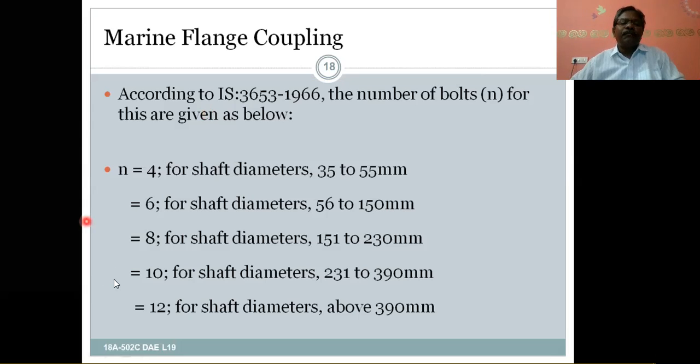Here you can see N is equal to 4, that means number of tapered bolts is 4 for shaft diameters 35 to 55 mm, and 6 for shaft diameters 56 to 150 mm.